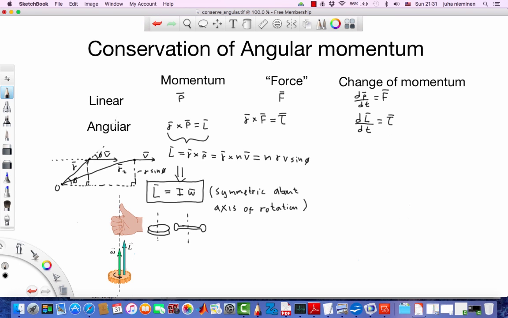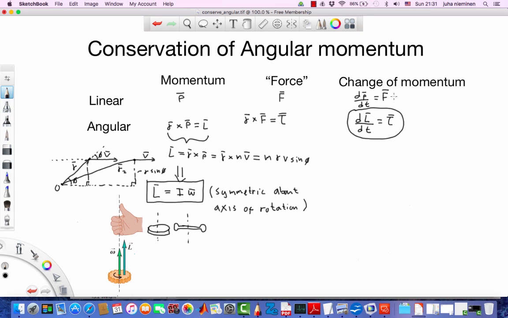The linear and the angular realm are pretty similar to each other in terms of formulation that we have seen. But this result now says that if we want to change the angular momentum L, we need torque, just like if we want to change the momentum of a linear particle, we need force.